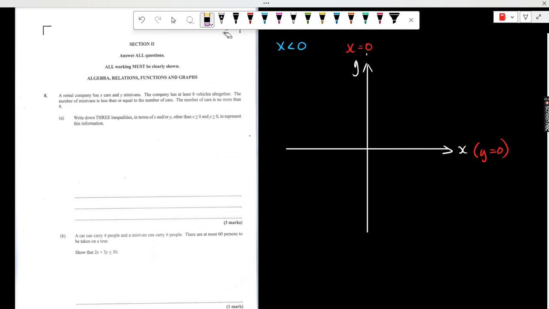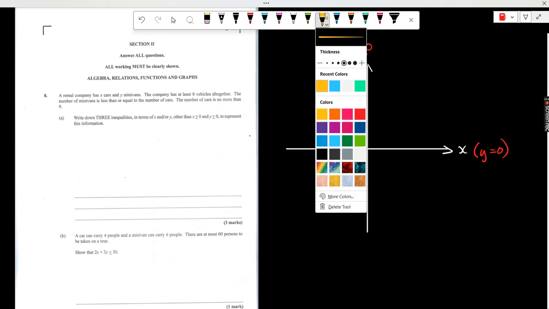Suppose we're asked to show the region satisfying an inequality. We're going to make up one now. Say y is greater than or equal to 2x minus 6.